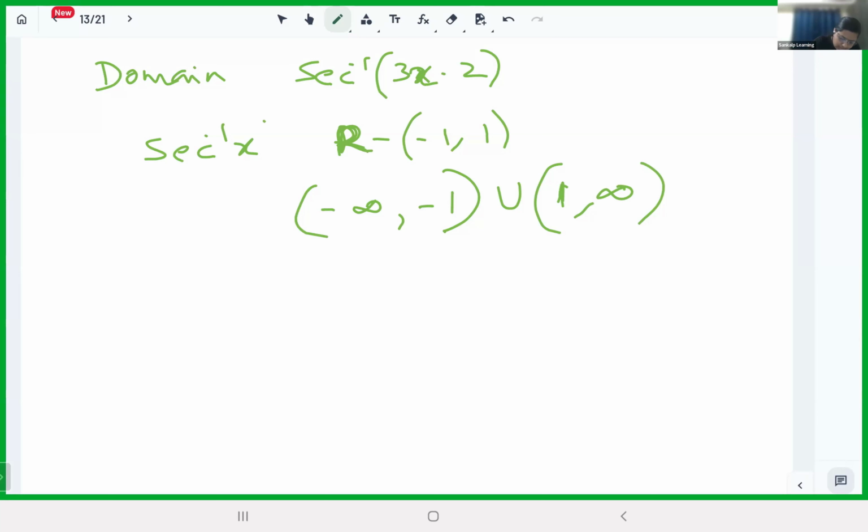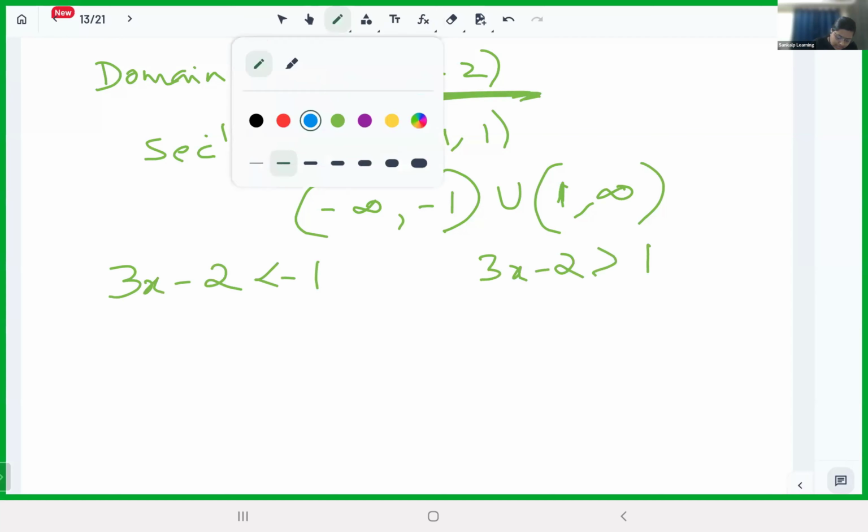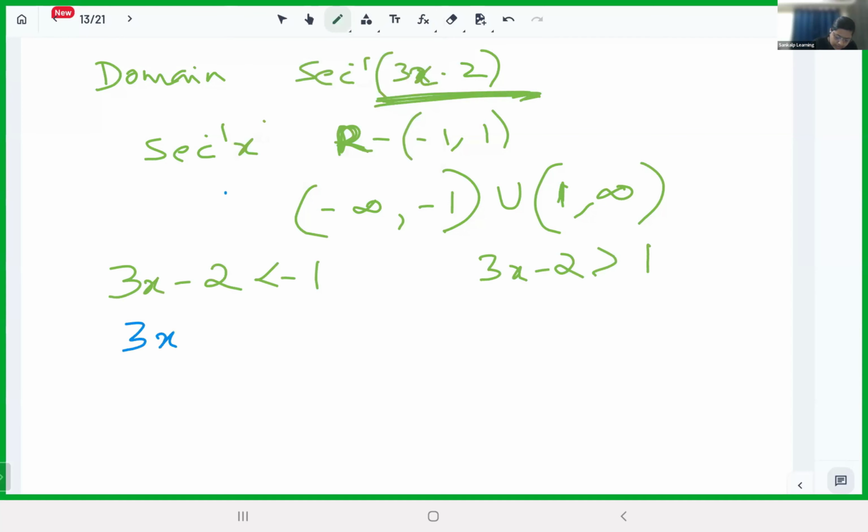Which means this value can only take values less than minus 1. Similarly, it can only take values greater than 1. So we'll get two parts on solving this. That is, 3x is less than minus 1. This 2 goes that side, it will become plus 2.